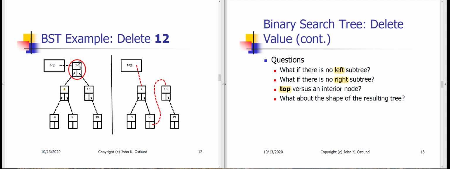All right, so we're going to modify the 12 node's underscore left instance variable to refer to the minus 4, and we'll hook the 9 onto the lower right side of the tree starting at minus 4. All right, so we do have a distinction between how we handle it if the node we're trying to delete is at the top, versus how we handle it if the node that we're trying to delete is somewhere in the interior part of the tree.